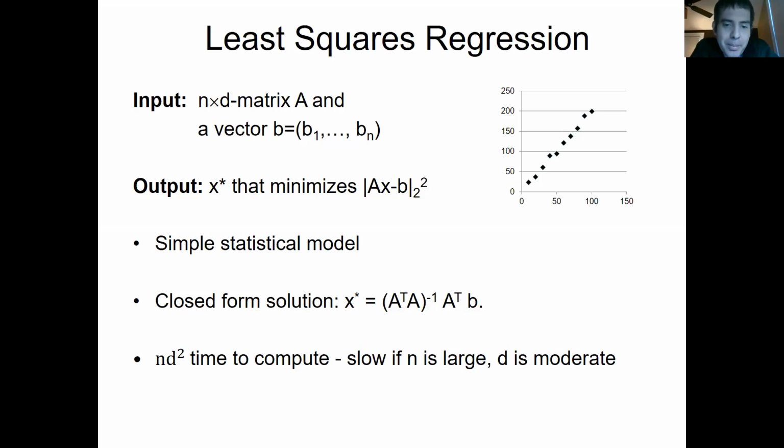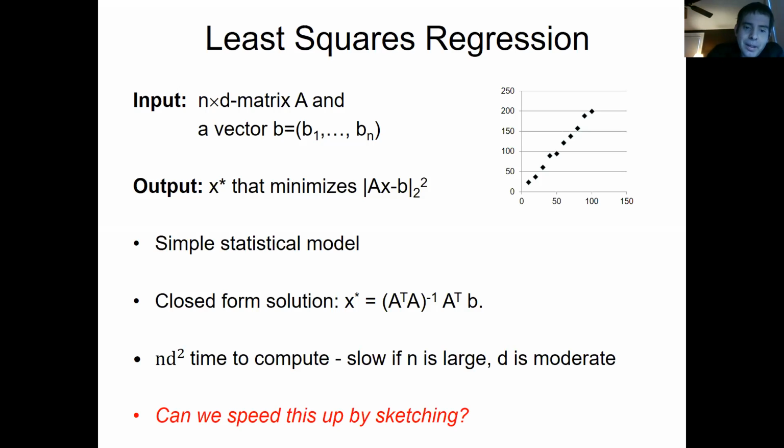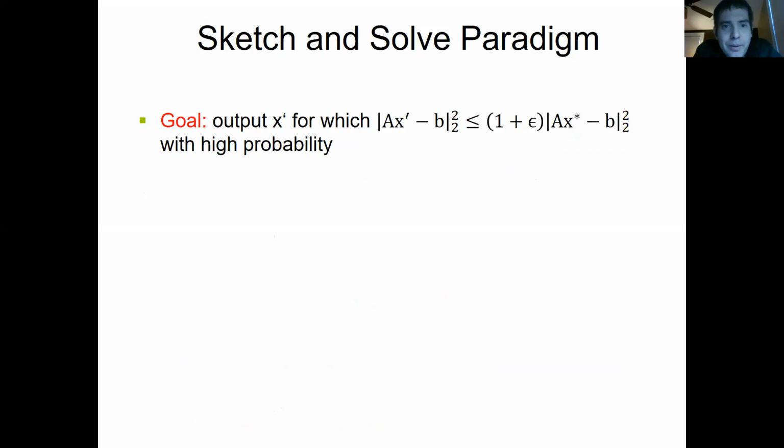I mean, you can speed it up using theoretical algorithms for fast matrix multiplication, but still this is very slow, and it motivates coming up with faster solutions. So can we speed this up by using dimensionality reduction? And here is the sketch and solve paradigm.